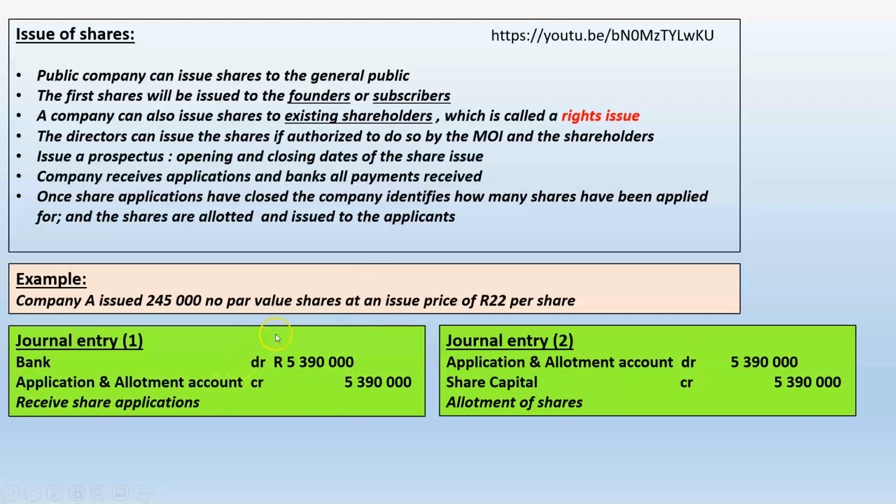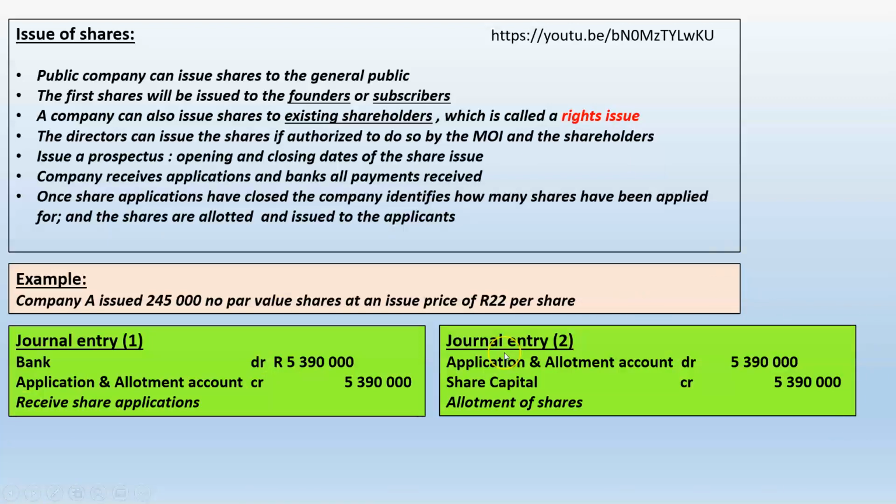Now, in this case, we only issued ordinary shares, but if we did issue preference shares, debentures, etc., there will be an application and allotment account for every class of share that we want to issue. So we will have a separate one for ordinary share capital, one for preference share capital, and one for debentures, whatever we're going to issue.